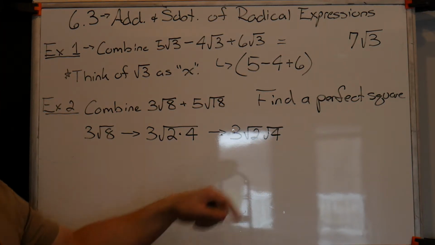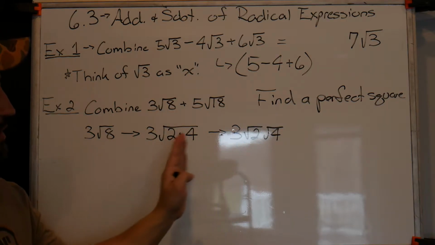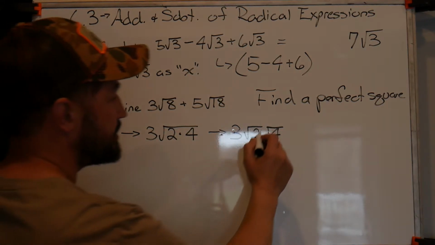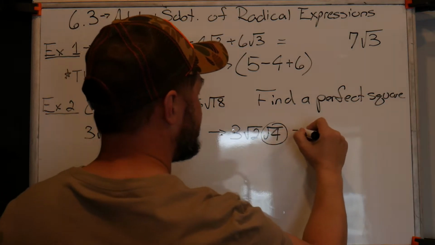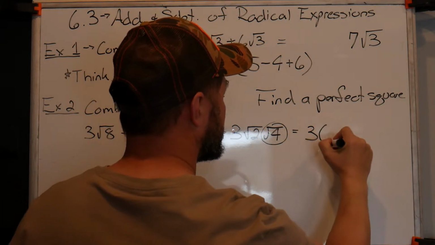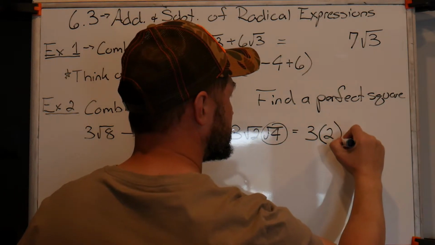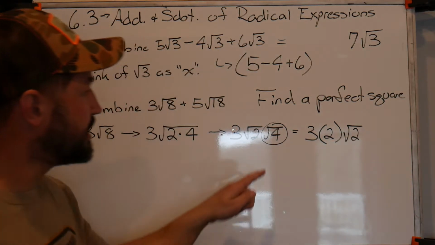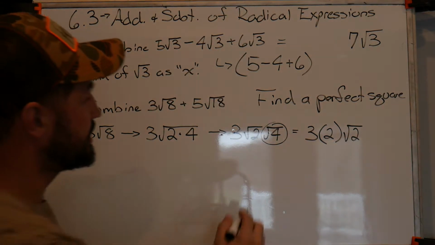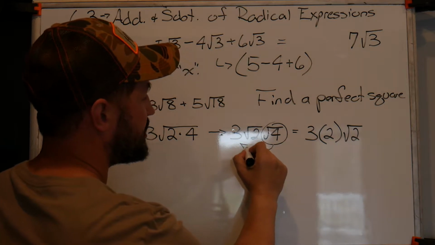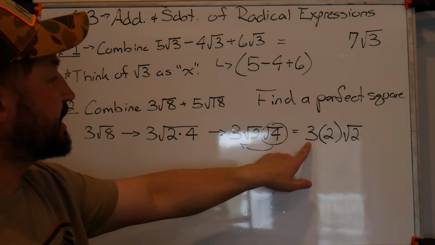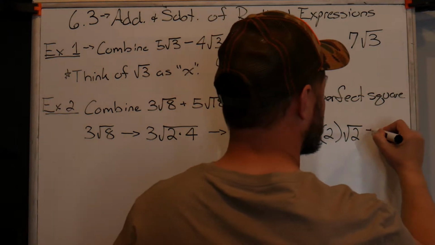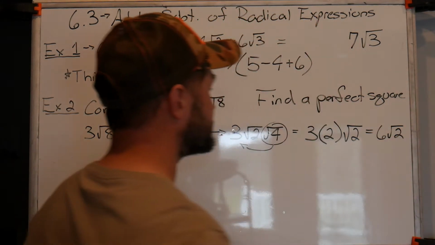You multiply them together, you have a square root of 8. So you can think of each one of these separately. When you see a square root of 4, you know that you can pull a 2 out. When you pull a 2 out, you multiply it by whatever was in front. So 3 times 2. So what I actually have is 6 times the square root of 2.